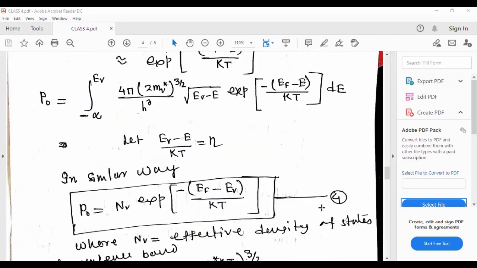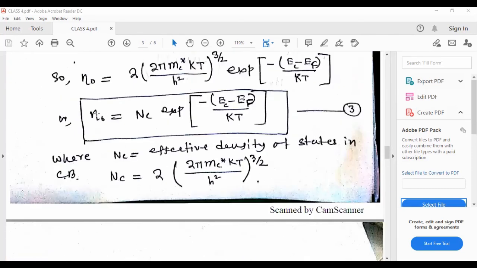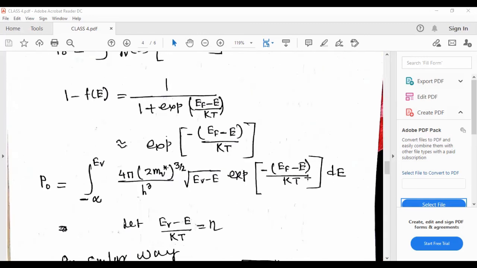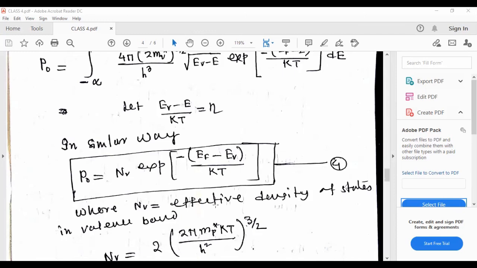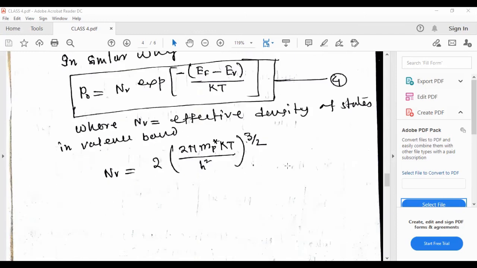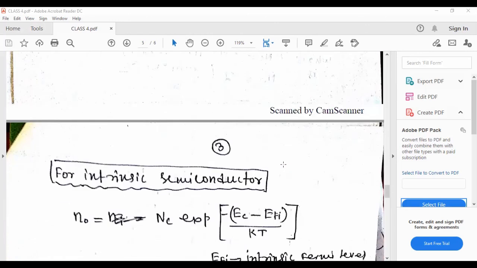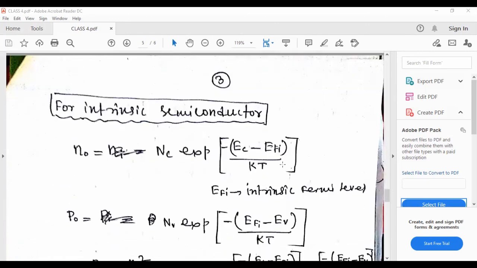So the number of electrons available in the conduction band and the effective density of states of the conduction band, the number of holes available in the valence band, and then the effective density of states of the valence band are very, very important formulas. You have to remember them always, and you have to know the process of derivation.